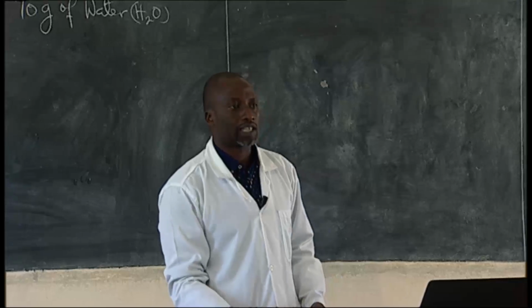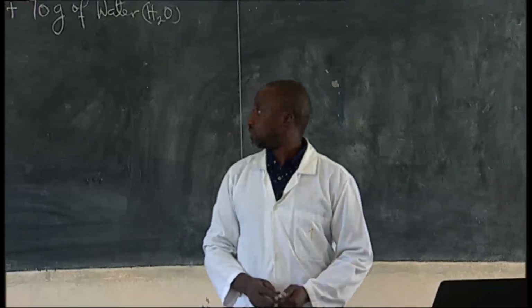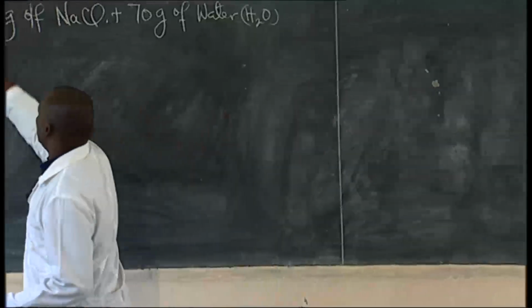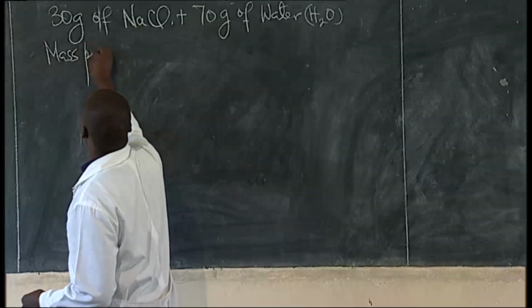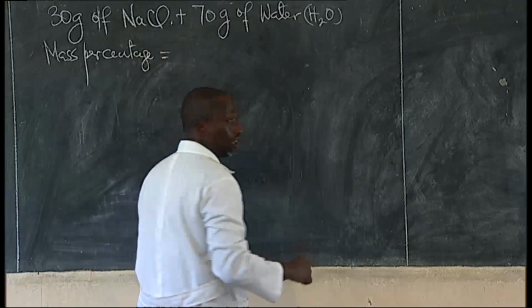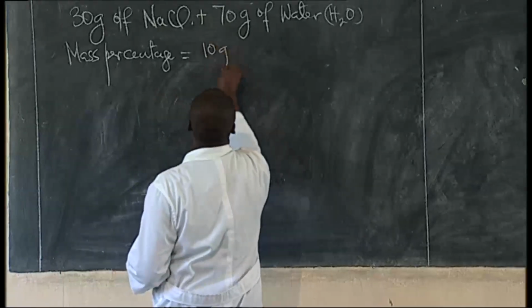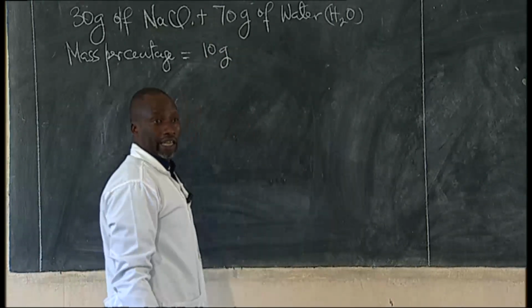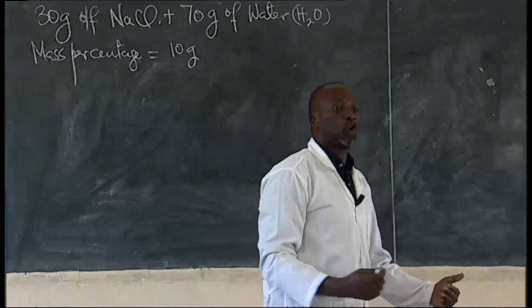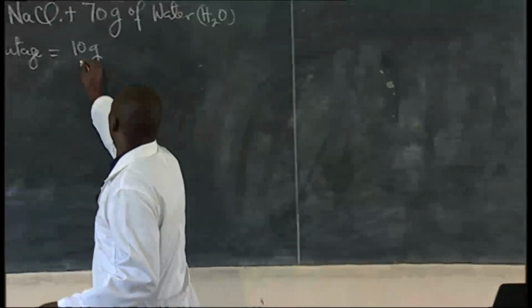So when you say the mass percentage, it will be the mass of sodium chloride, which is 30 grams, divided by the total mass of the solution. What will be the total mass of the solution?